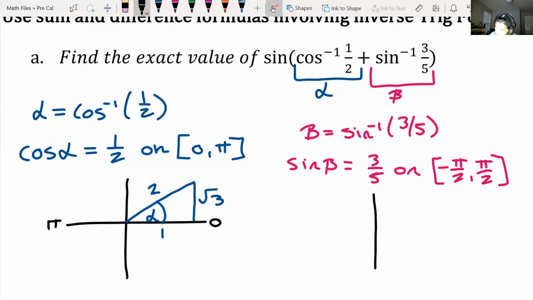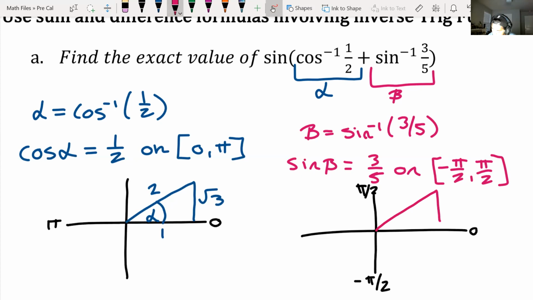Unit circle. There's negative pi over 2. There's pi over 2. There's 0. And if sine is a positive 3/5, we must be in quadrant 1. There's beta. And if sine is 3/5, the height is 3, the hypotenuse is 5, and the base must be 4. There we go.